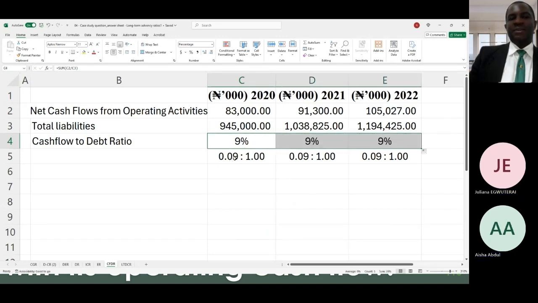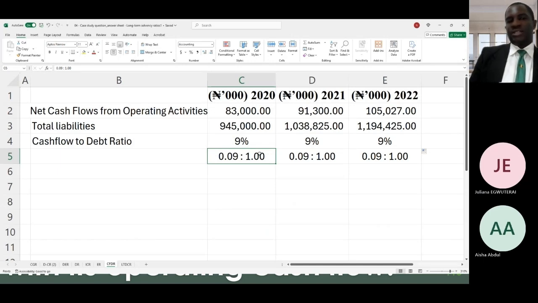Exactly. So 9% of our cash flow is to our total debt. Very, very low. Just 9%. We cannot cover our debt with our cash flow from operations. That is what it means. It's too low. And if we use EBITDA, we will also have almost the same result, or not too far. So what does it mean?